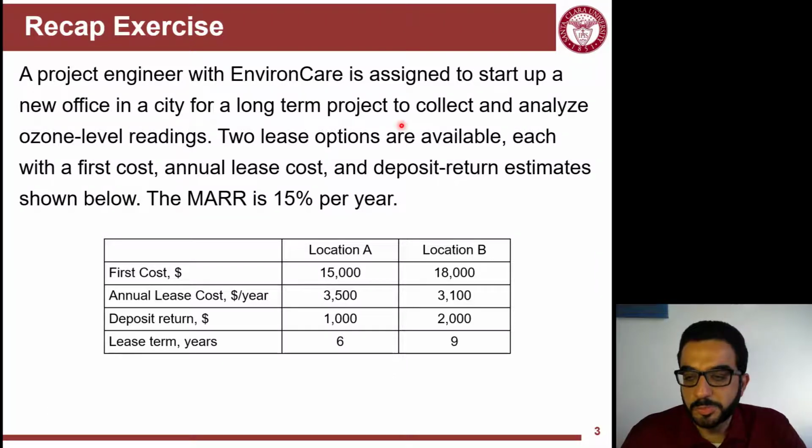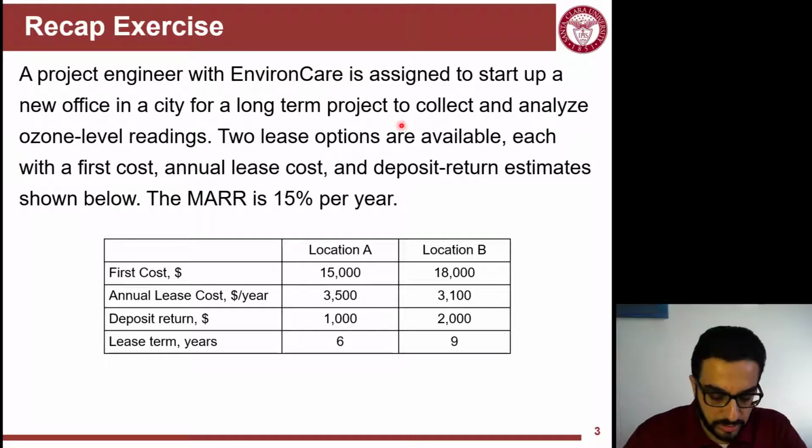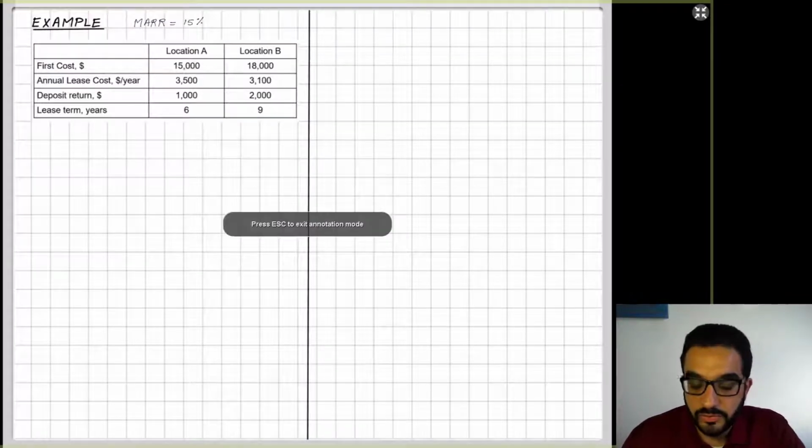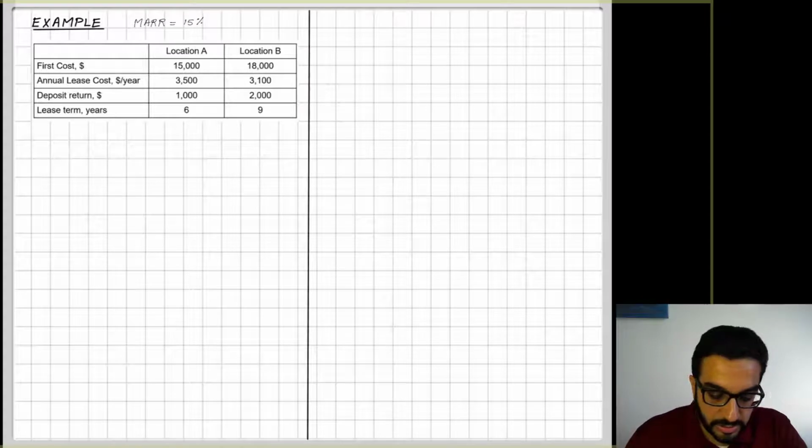We're not given any difference in revenues or positive outcomes. They are basically providing the same functions. And your MARR here is 15% per year. So we're comparing between location A and location B. So let's see how to do this comparison.